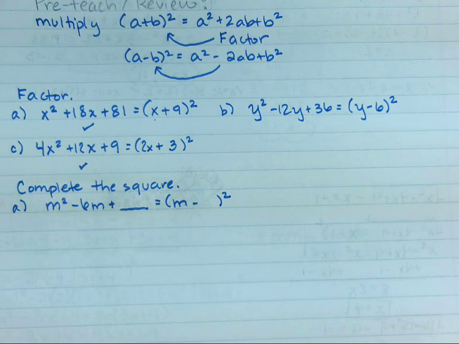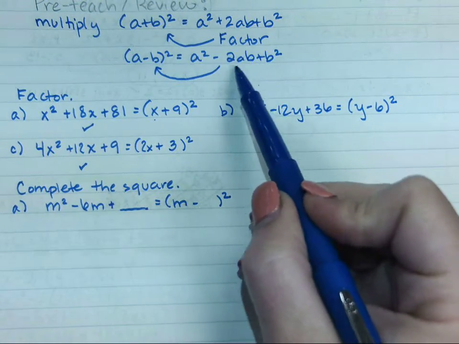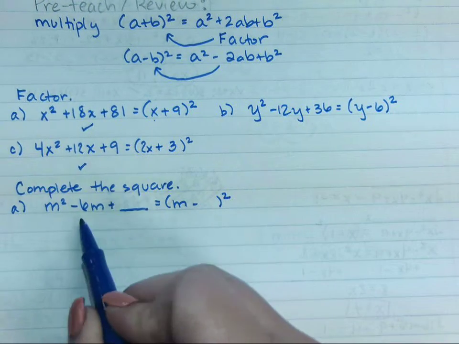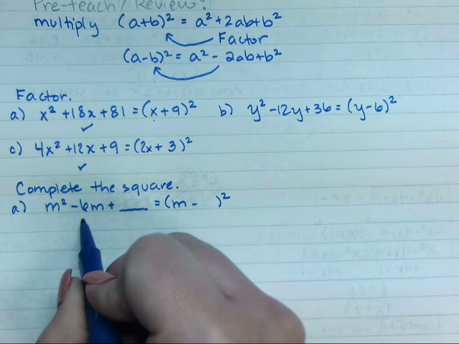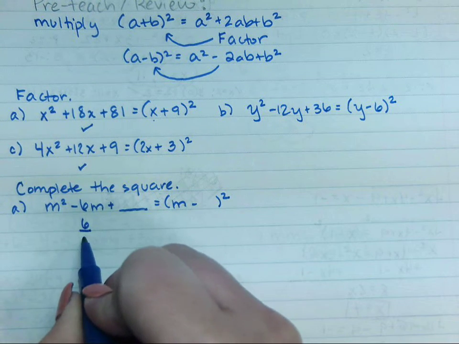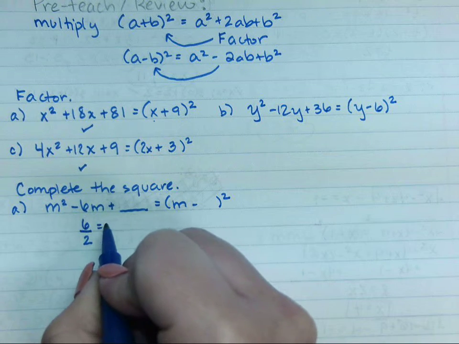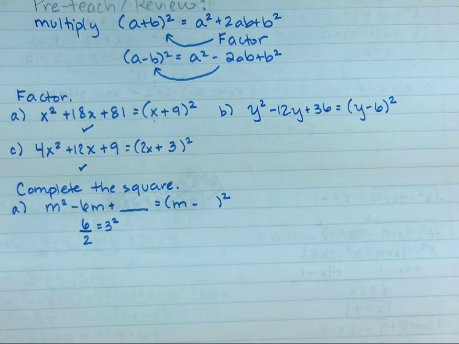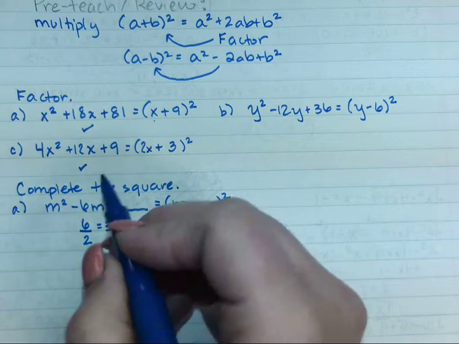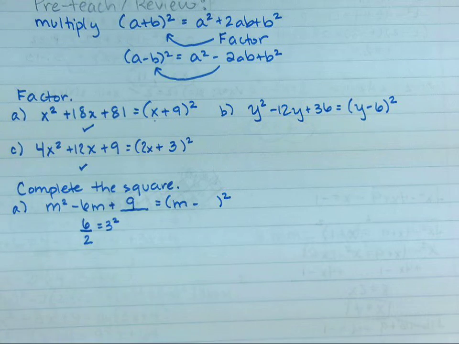And because your middle term here is always 2 times the product, I want to go backwards, and take this middle term, cut it in half, and then square it. When I cut this in half and then square it, that's what I'm going to add to make this work.